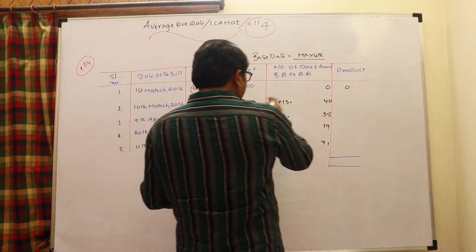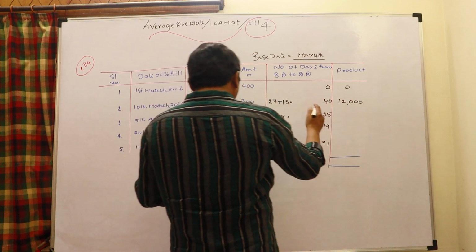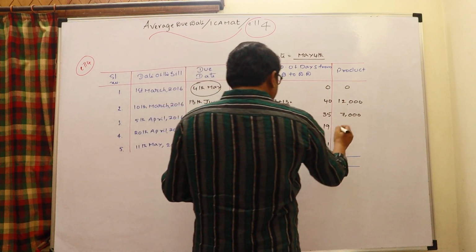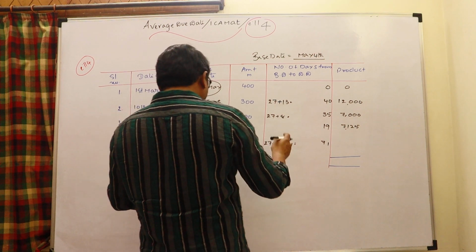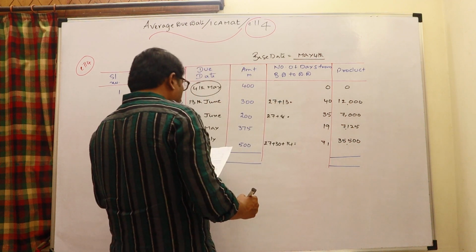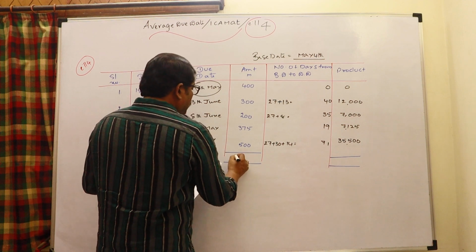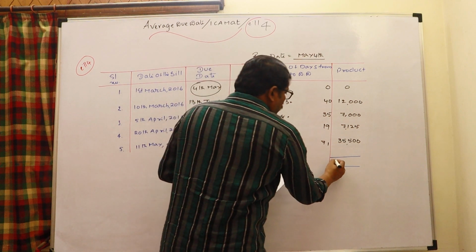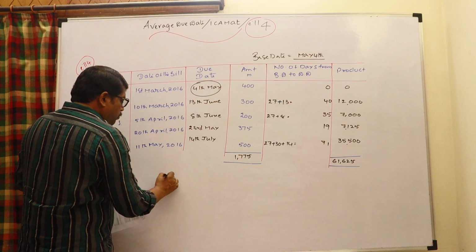Next, 300 into 40 is 12,000. 200 into 35 is 7,000. 375 into 19 is 7,125. 500 into 71 is 35,500. Once the products are completed, go for the total of the amounts, which is 1,775, and the total of the products, which is 61,625.